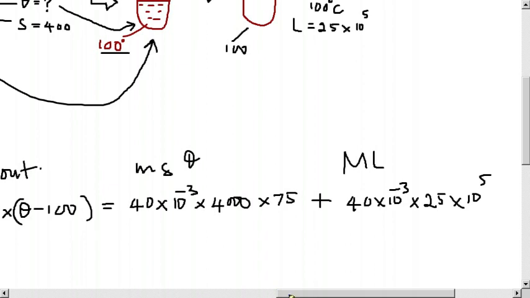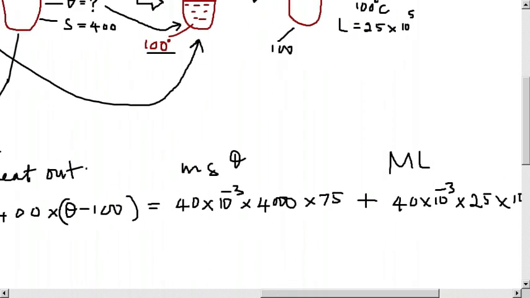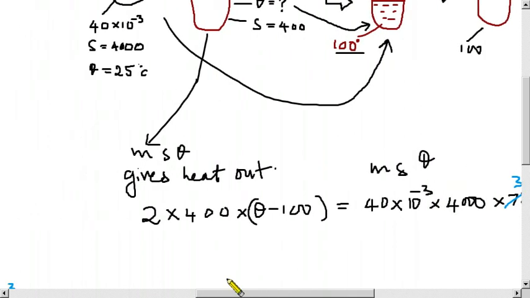Now what we have to do is simplify. Let us simplify first this 25 and 25, 3 times here, 200, 4 times, then 4 into 4 is 16 times, then 2 times 16 means 32, theta minus 100 in brackets.